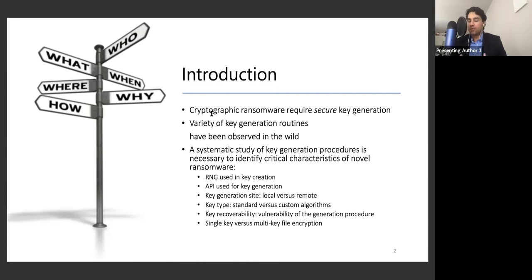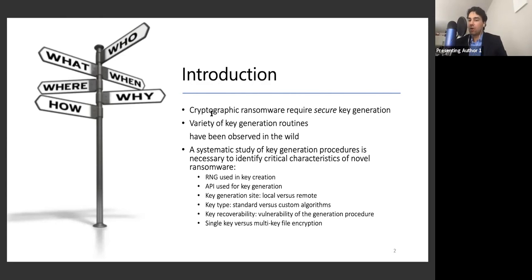In the case of cryptographic ransomware, key generation routines are a very integral part of their crypto systems. And not only do they need the key generation routines, they need to make sure that these are secure. Secure in the sense that the leverage that they have over the victim depends on the key, or a set of keys.